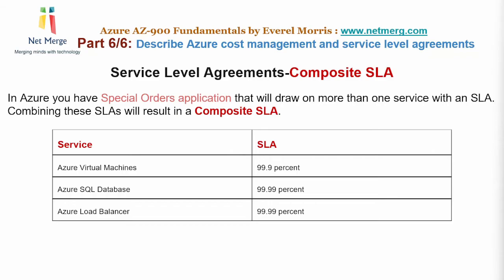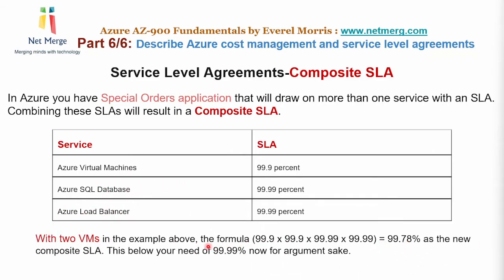So let's look at a composite SLA and how it's calculated. You simply need to multiply each of the SLAs together, and then divide the result by 100. Now you are at 99.9% twice because we're using two virtual machines at 99.9%. Then we have 99.99% for the database and 99.99% for the load balancer, and your composite SLA, if you combine all those services, would be 99.78%.